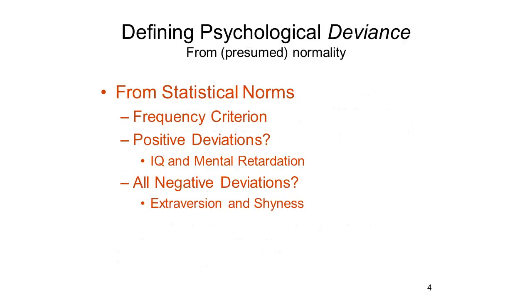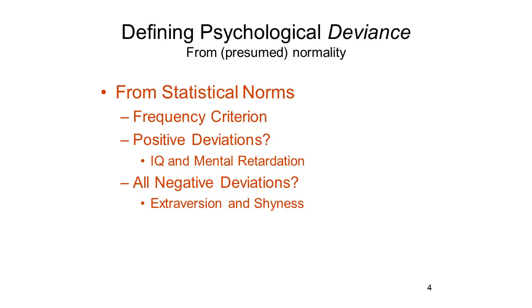But having identified a sort of prototype for normality, how do we characterize deviance? In fact, deviations from normality can be defined in various ways. Perhaps the easiest is deviance from statistical norms. By statistical convention, a score is abnormal if it lies more than 2 standard deviations above or below the population mean.